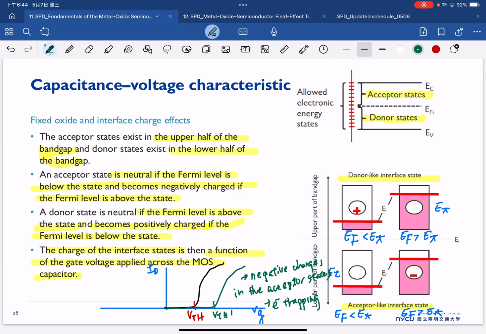And the same if we consider the donor-like state. The donor-like state means that once our EF is below our ET, then we will start to have the positive charge. And the positive charge will cause our threshold voltage to shift to the left. So then we have this VTH here. Then we have the positive charge in the donor state.